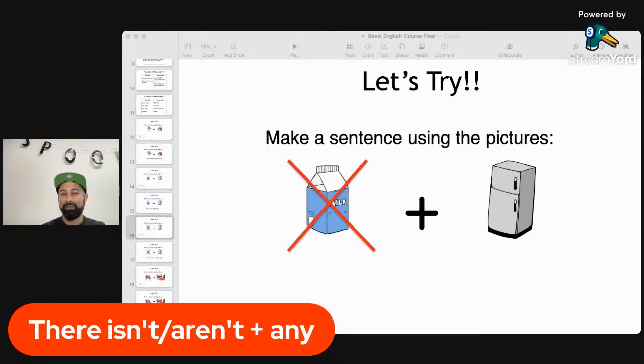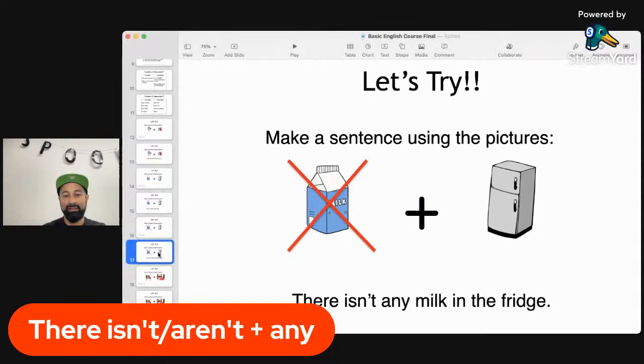Any is very commonly used in negative sentences and questions. All right, so please use the word any. If that is the case, then my sentence would be: there isn't any milk in the fridge. Okay, very good. Let's keep moving.